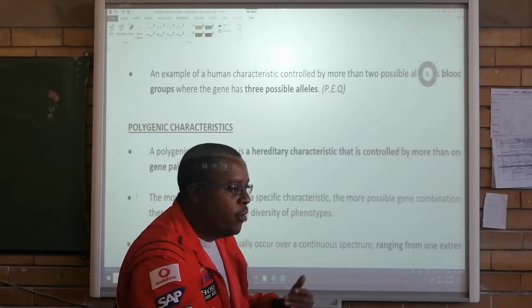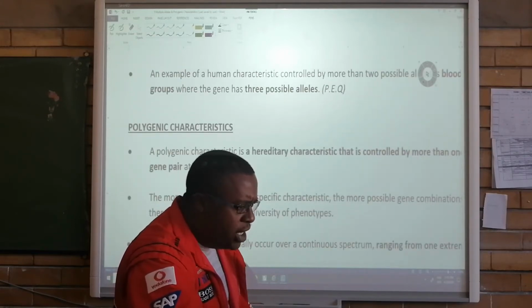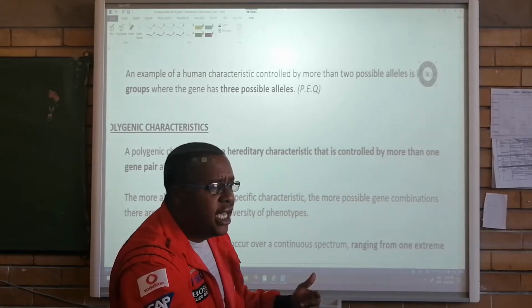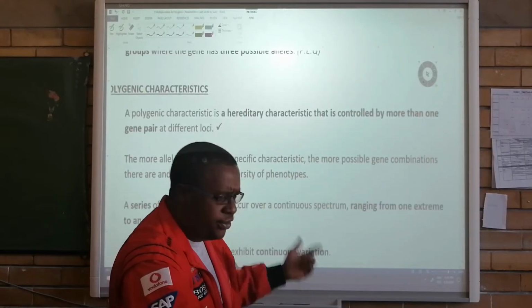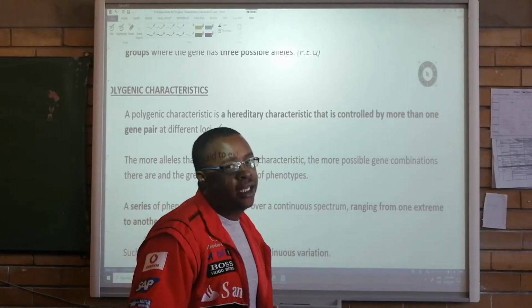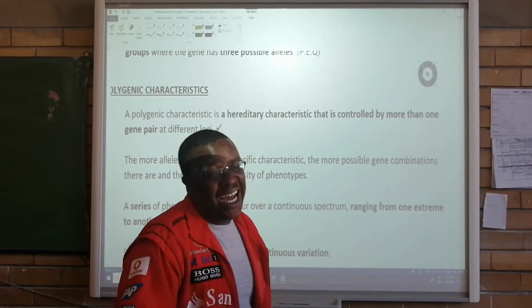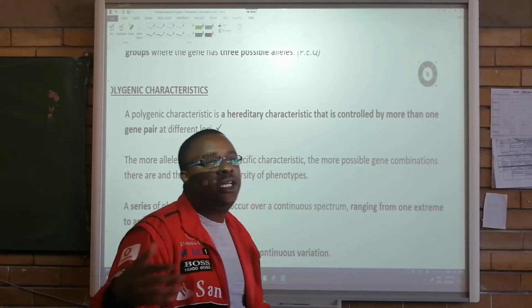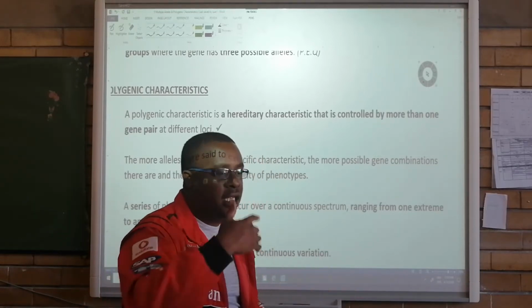And then we looked at polygenic characteristics. We say that polygenic characteristics are hereditary characteristics that are controlled by more than one gene pair at different loci. We looked at characteristics that are polygenic in human beings like height, skin complexion, weight, and all this.